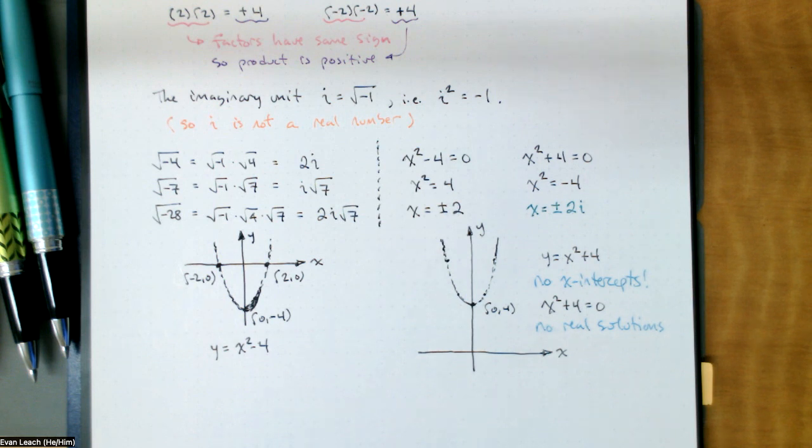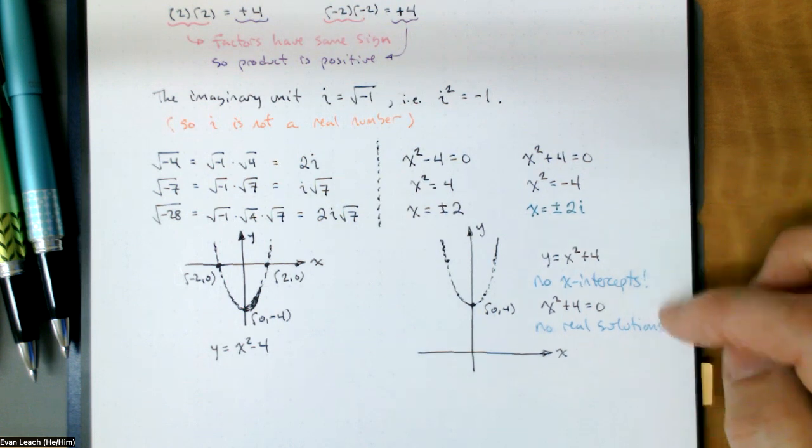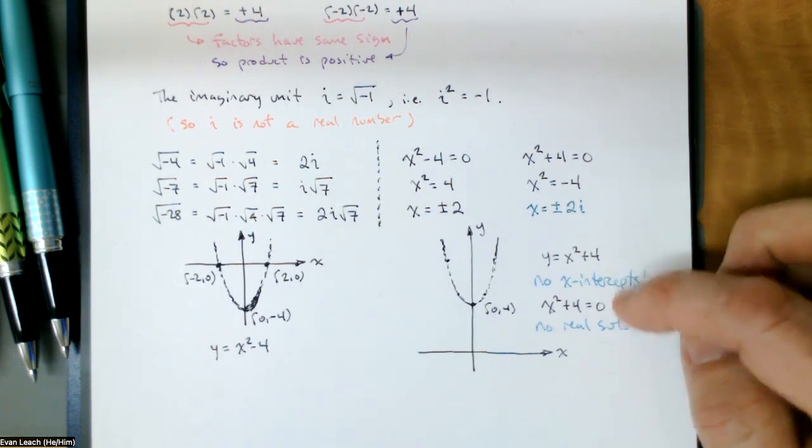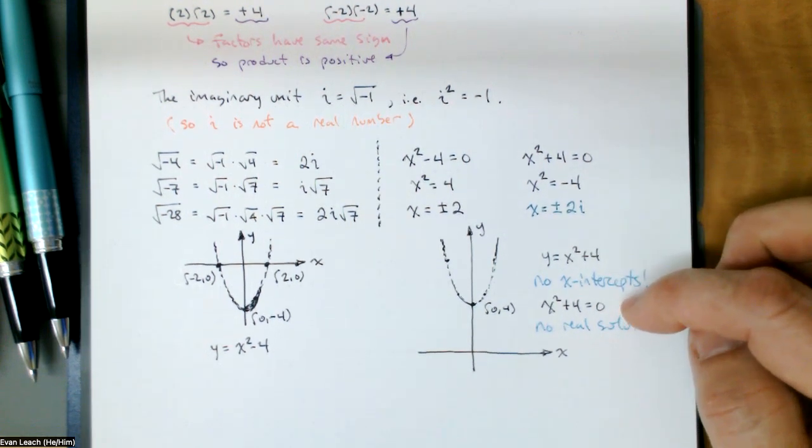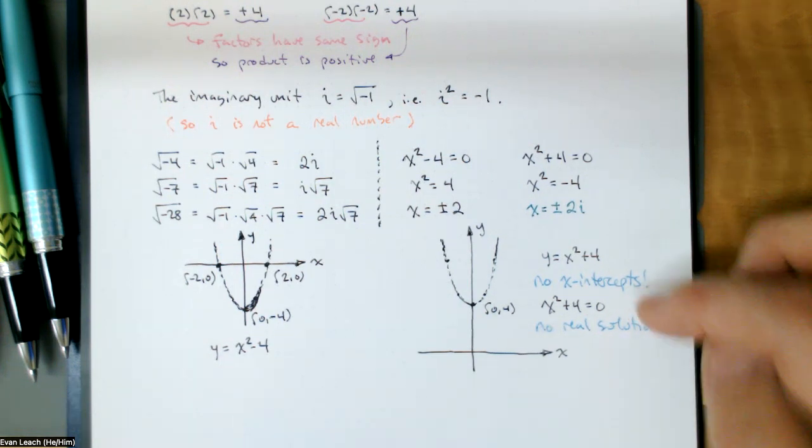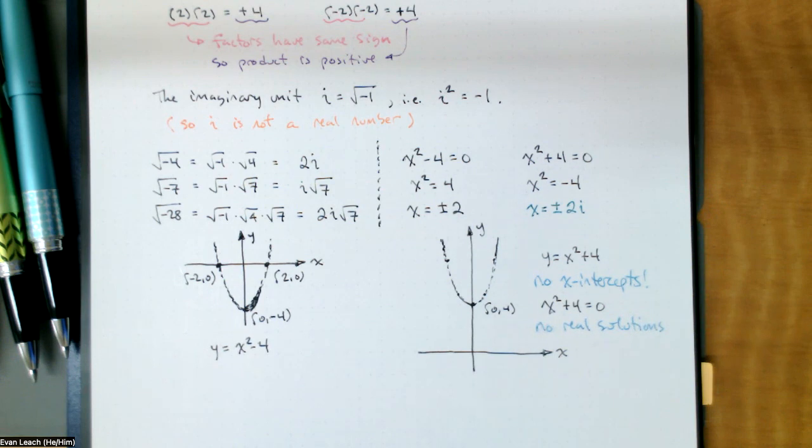So we can't see that there are solutions to this equation, x squared plus 4 equals 0. We can't see them because they aren't real. The solutions exist, they're just not real. Mathematicians wonder why people don't like us. At least our words mean something.